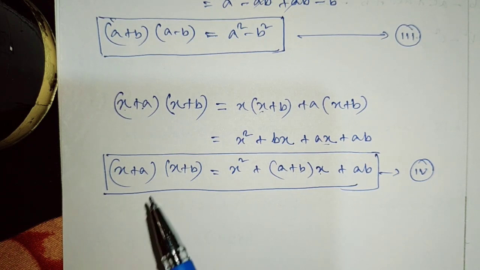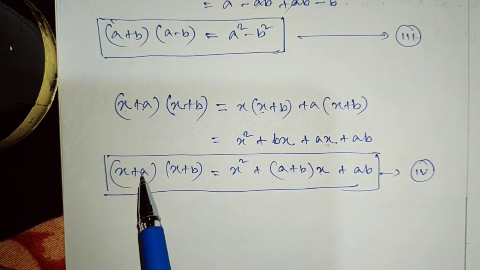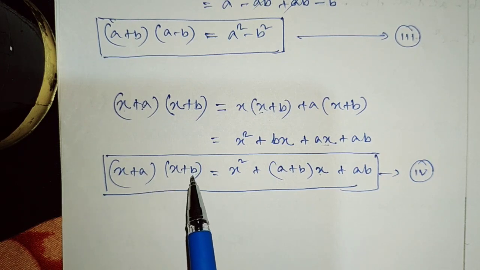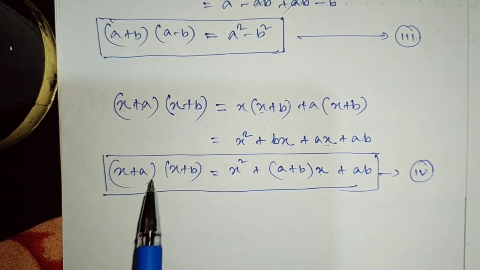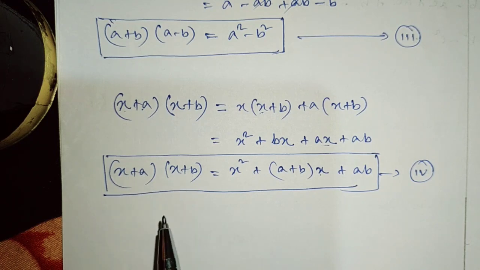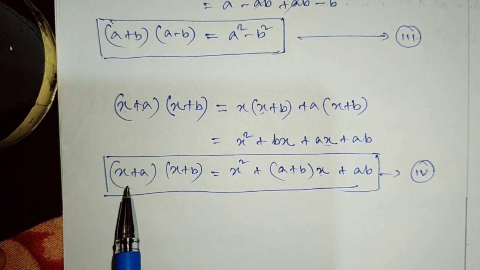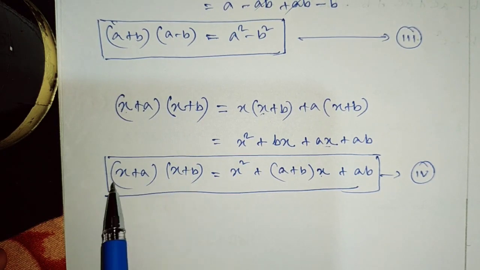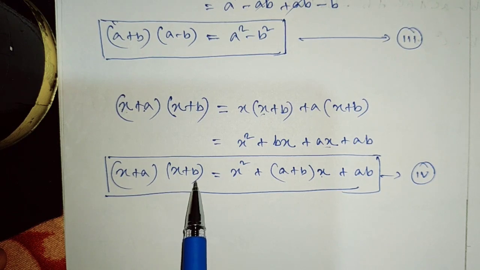You can do a little experiment also. You can put the value of a as minus a, you can put b as minus b, or you can put any one minus and the other plus. You can try out that one, say for x minus a into x plus b, or x plus a into x minus b.